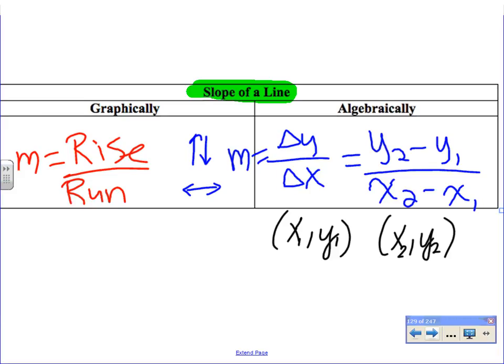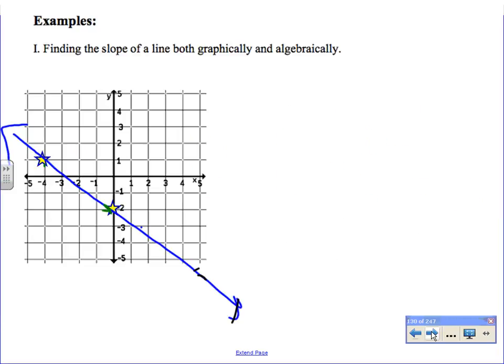So they're giving you 2 different points. You can use this formula, and you can find out slope. So we'll do practice with it in a second. So this one, if I'm doing graphically, if I'm doing rise over run, someone tell me what m is. I got these 2 points to figure out. Rise over run.